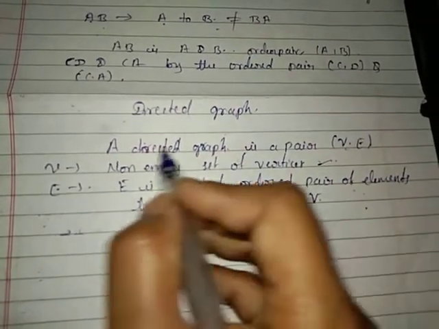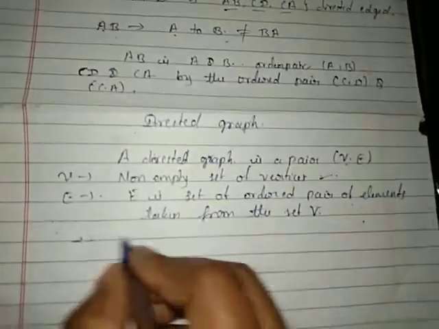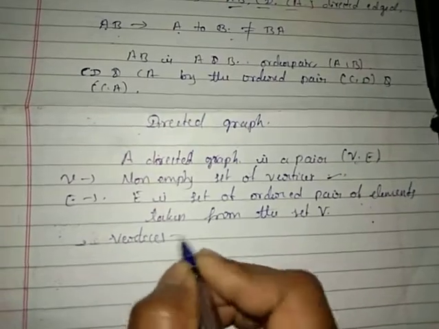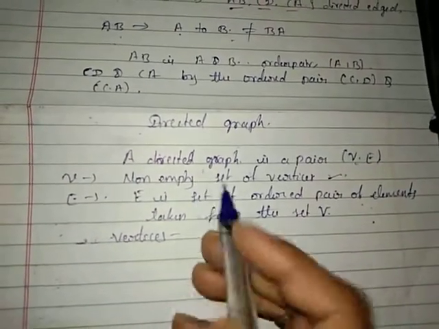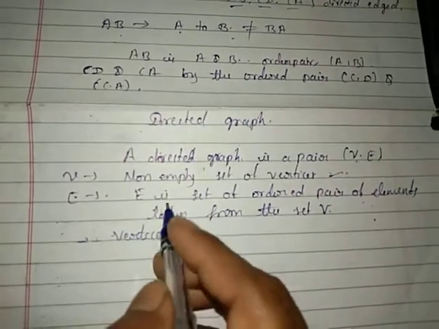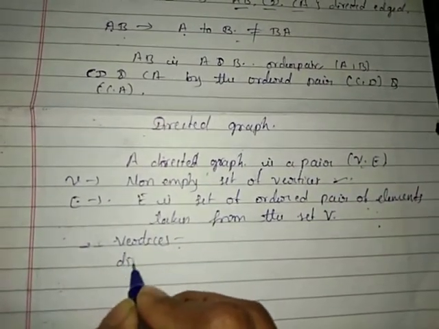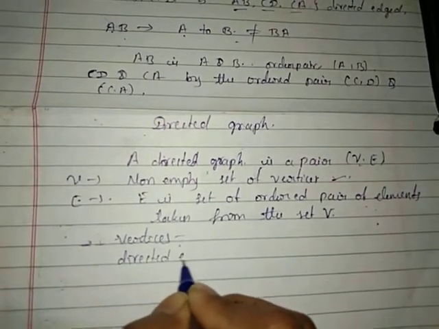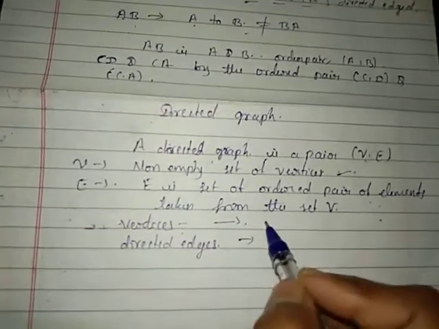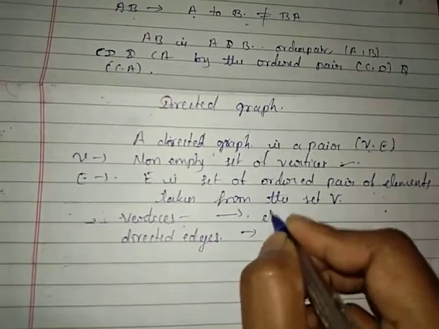The elements of the set V are called the vertices, and the elements of the set E are called the directed edges.